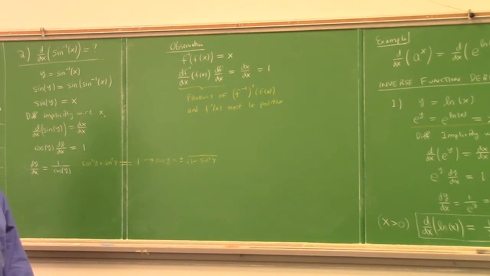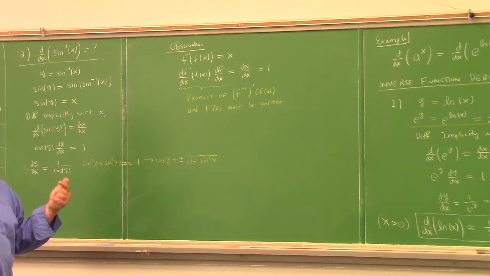If cosine is negative, then we have to choose the inverse function derivative to be negative. But if you think about that, that means we just need to make it match cosine. So we should choose plus, I think. Oh, goodness gracious. How to say this? Oh, I'm an idiot. No. Wrong argument altogether. We have to think about what inverse sine means. If you plug a number between -1 and 1 into inverse sine on your calculator, what do you get out?